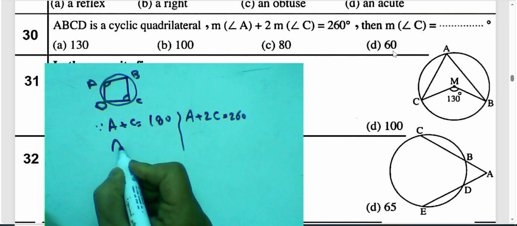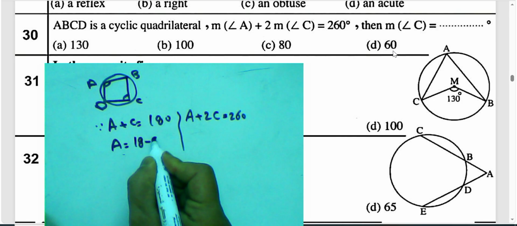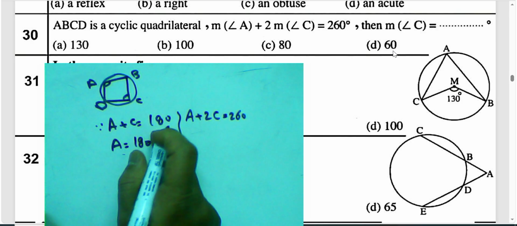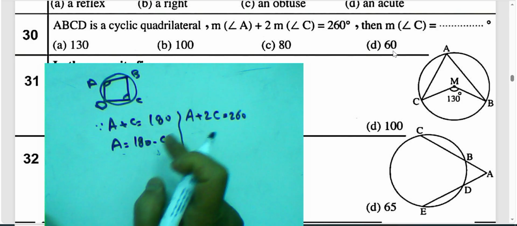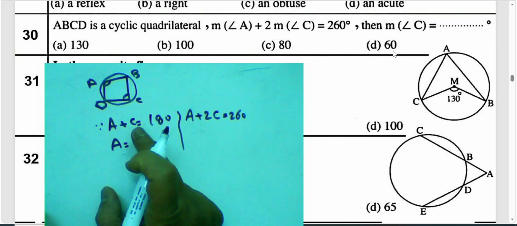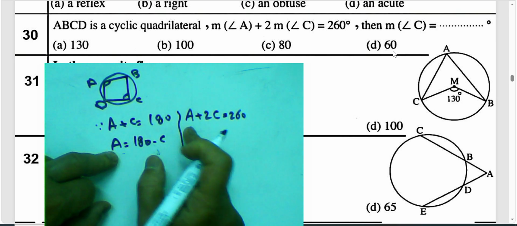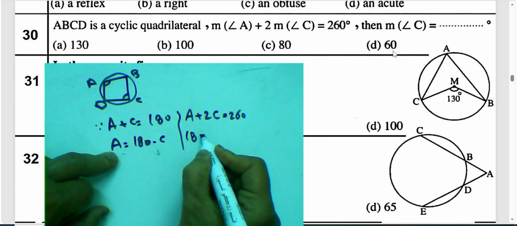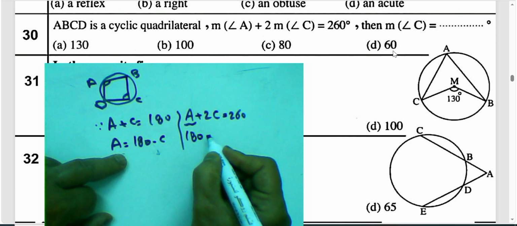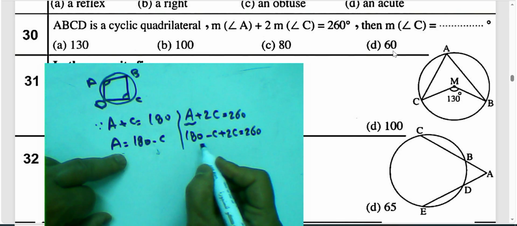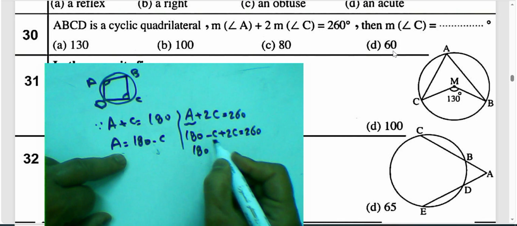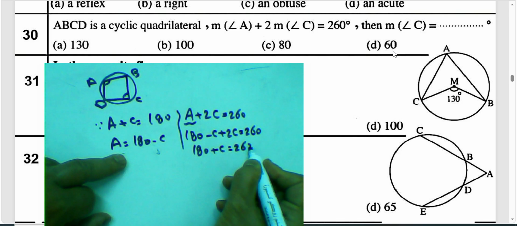We have A plus C equals 180 and A plus 2C equivalent to 260. Yes, you can write A equals 180 minus C. A here refers to the measure of angle A and C refers to the measure of angle C. You can put the value of A, 180 minus C. I will cancel A and write 180 minus C plus 2C equivalent to 260. Then 180, 2C minus C equals C, equivalent to 260.